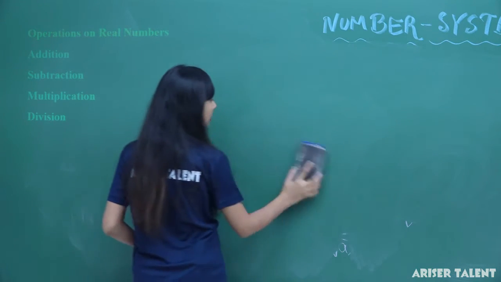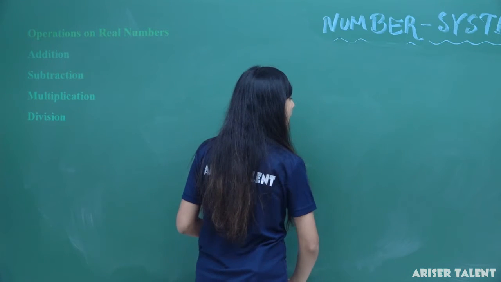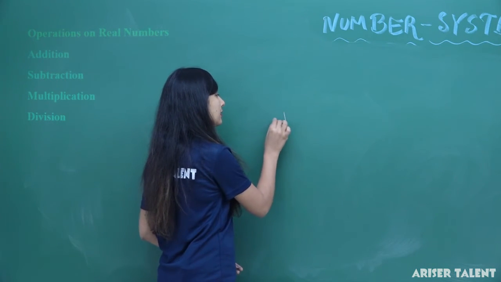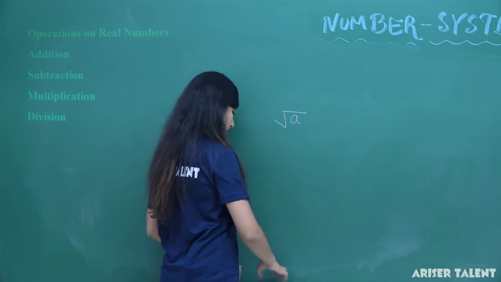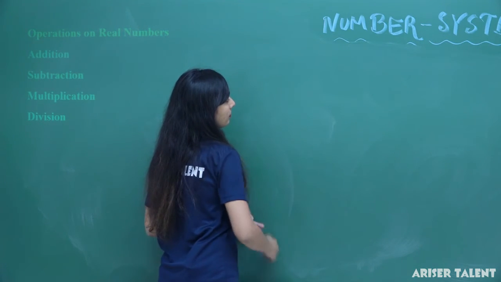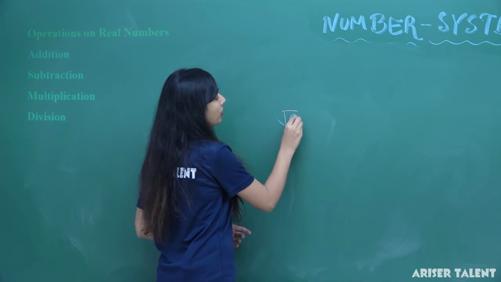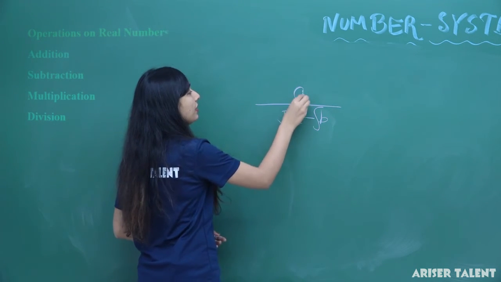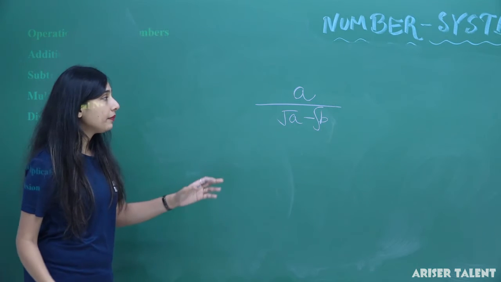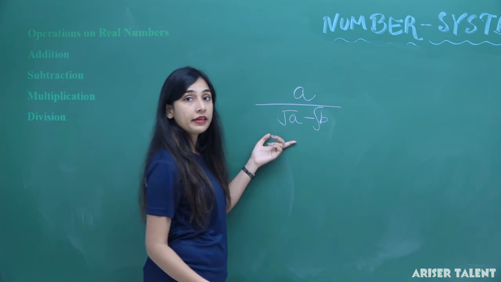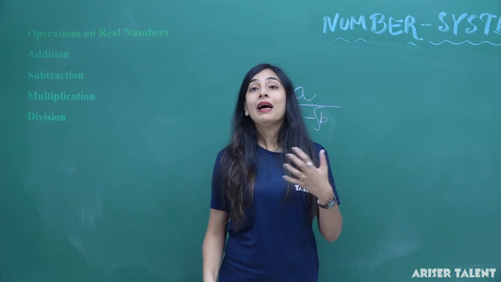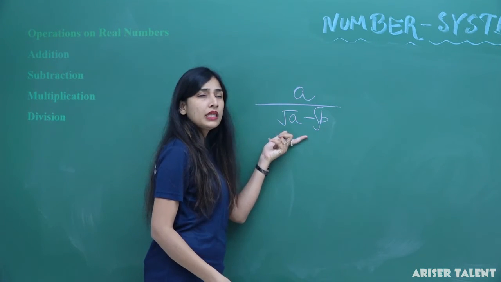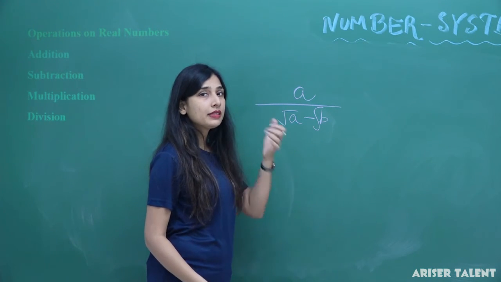And we will be doing some questions also, students, and in these questions we are getting something like, let's suppose, a upon root a minus root b, and I have to simplify it. Then my priority is that in the denominator there will not be a root. This is a basic funda.